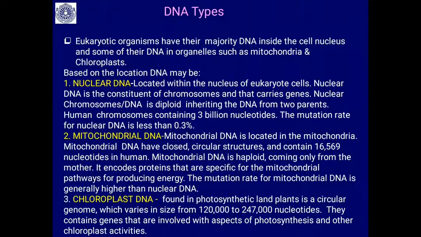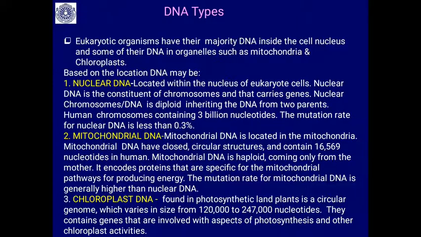Coming to the mitochondrial DNA, there are some circular DNA molecules present inside the mitochondrial matrix. In humans, this circular DNA contains 16,569 nucleotides. This mitochondrial DNA is haploid because it is inherited from the mother. The mitochondrial DNA present in the egg cell becomes a part of the zygote later.